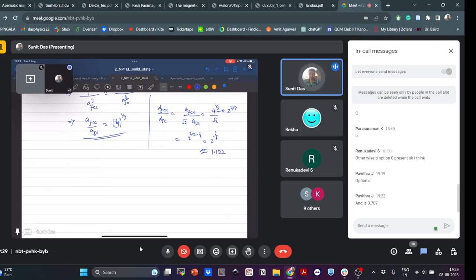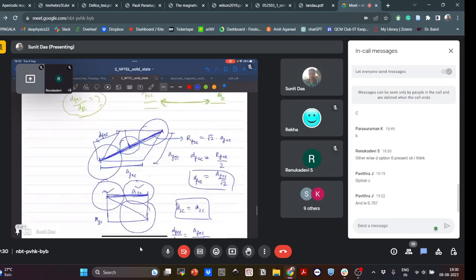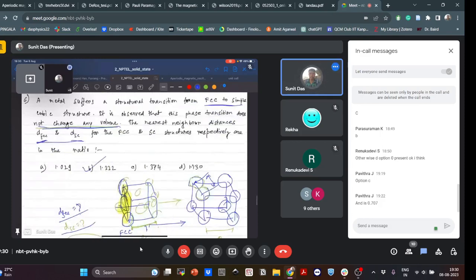Or if anyone has a calculator, can you find 2 to the power 1 by 6? Just to check with Pavitra, is he or she right? No, 2 to the power 1 by 6 is around 1.122. Correct, sir. So this is the answer B.